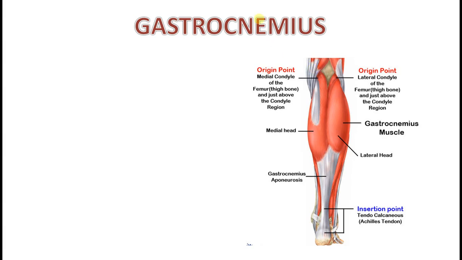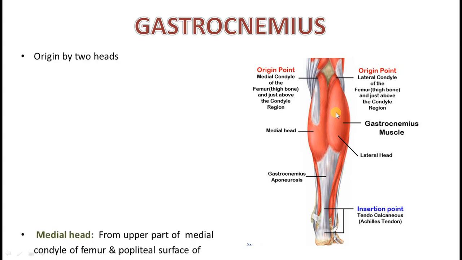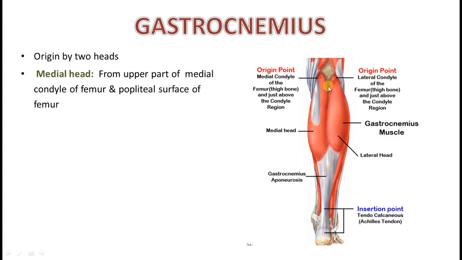The first muscle which we are going to see is the gastrocnemius muscle. It has two heads, medial head and the lateral head. Both arise from the respective condyles of the femur. Okay. So from the upper part of the medial condyle of femur and popliteal surface of the femur, arises the medial head of gastrocnemius.